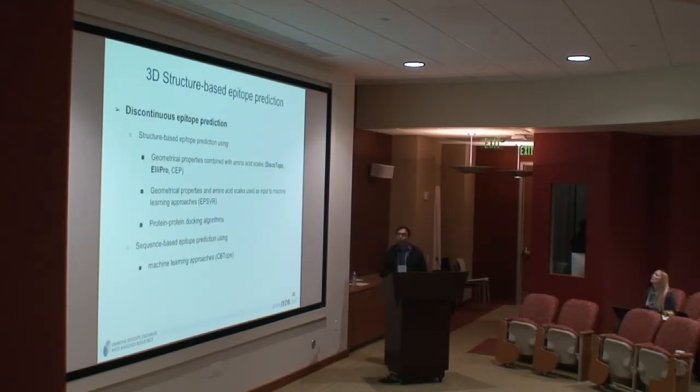So coming back to the discontinuous epitope prediction methods now. These methods rely on geometrical properties combined with some other features such as amino acid scales. Geometric properties are, of course, extracted from the 3D structure of a protein. So methods like DiscoTope, ElliPro, and one of the first methods, which was CEP. And then there are other methods which use different machine learning training approaches, like PSVR.